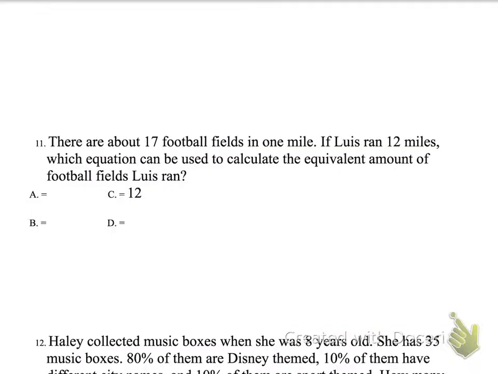Number 11, there are about 11 football fields in 1 mile. If Lewis ran 12 miles, which equation can be used to calculate the equivalent amount of football fields Lewis ran? Alright, so my screen messed up, so I don't have the answer choices up here, but I can still set up this proportion. So I have 17 fields in 1 mile.